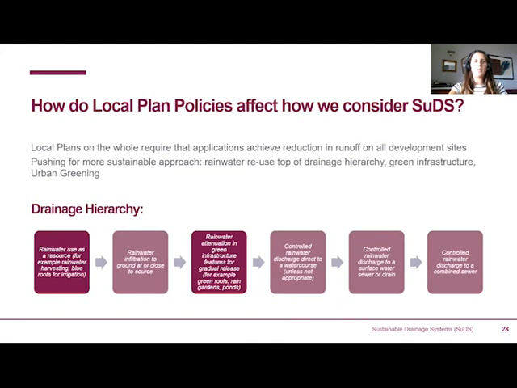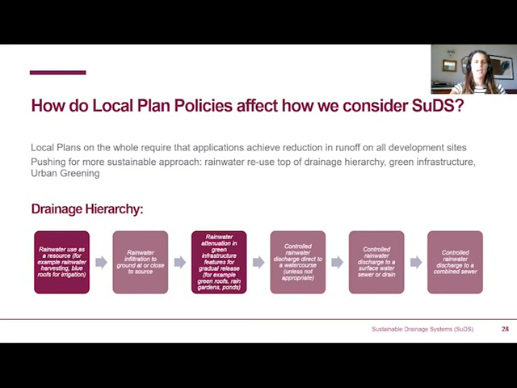So how does local plan policy consider SuDS, and how does the LLFA want us to consider these in our development? We have already explained a bit about the drainage hierarchy, which considers infiltration as the first option to discharge surface water from the site. However, lately, rainwater harvesting is being pushed by many LLFAs and local planning authorities as the most sustainable in the drainage hierarchy.